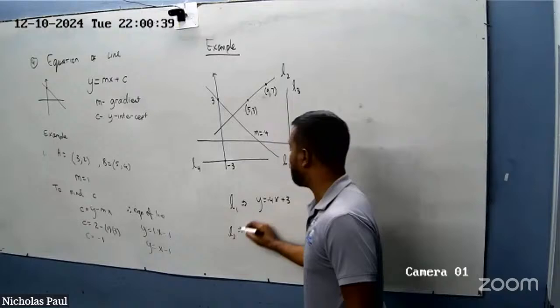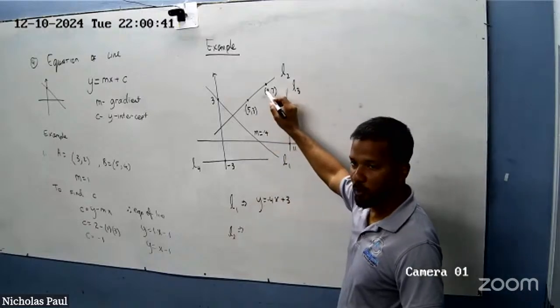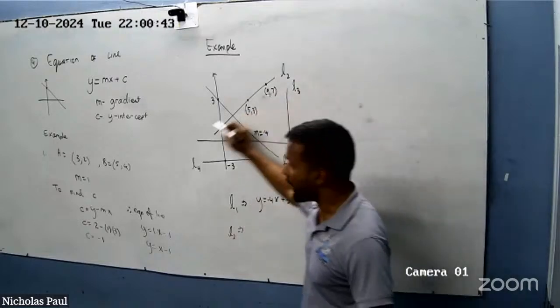Line 2 now. Line 2 is what you did last time, right? Line 2 is where you have 2 points.